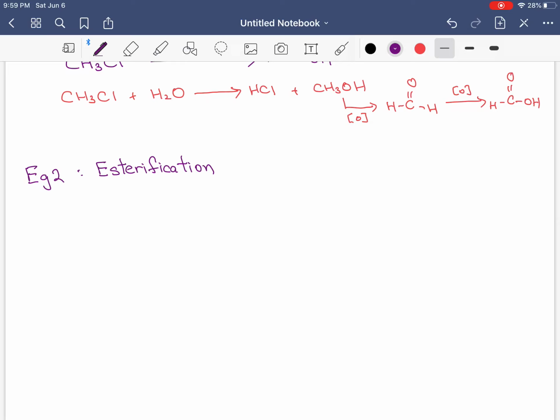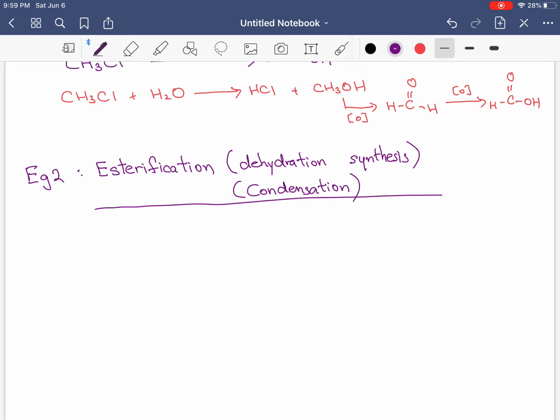In other words, biologists tend to call this dehydration synthesis, because theoretically you're synthesizing, you're putting two things together to become one, or some people just call it condensation because of the creation of water. But the real term for this type of reaction is called esterification, because that's exactly what you're making, something called an ester.